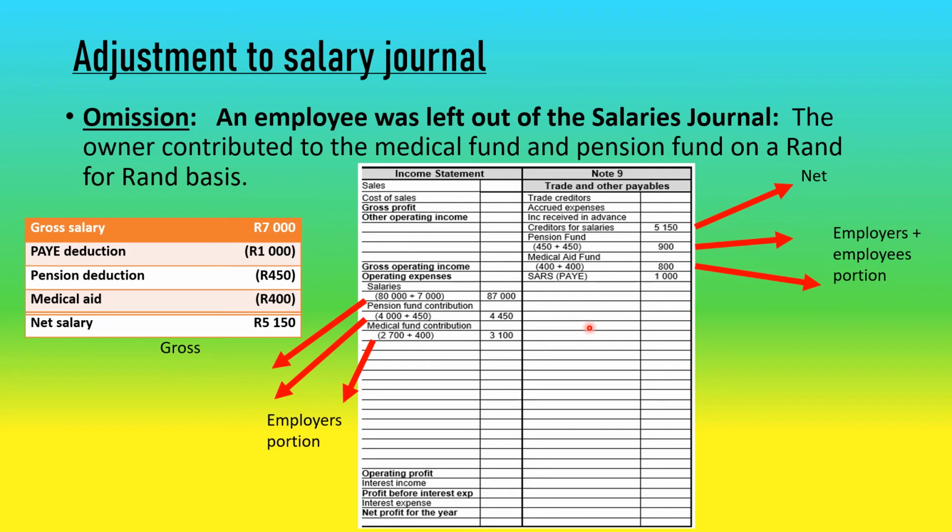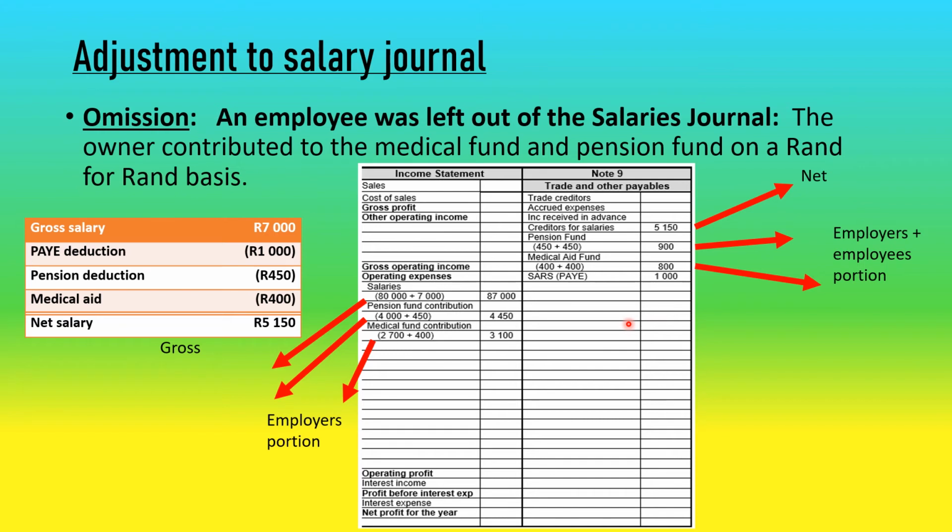Trade and other payables on the other hand. So when you're actually paying the medical aid and pension fund, each employer does not go to the medical aid or the pension fund to pay the amounts individually. The company will consolidate both the employee and the employer portion and will then pay it to the medical aid or the pension fund.